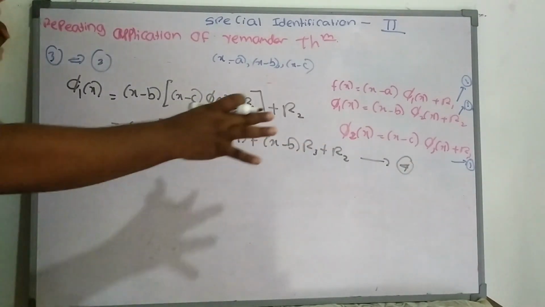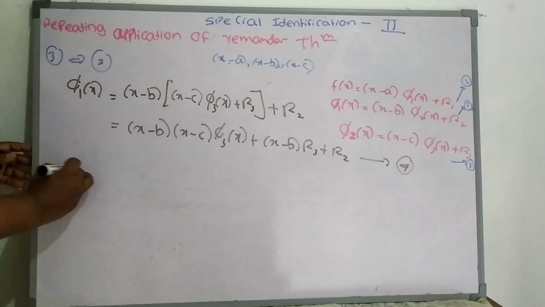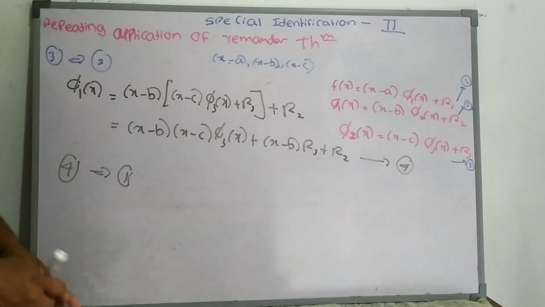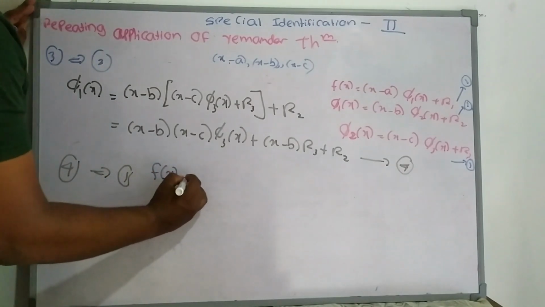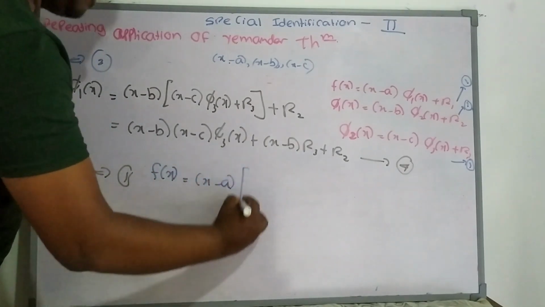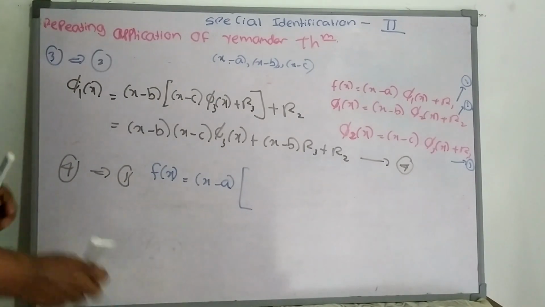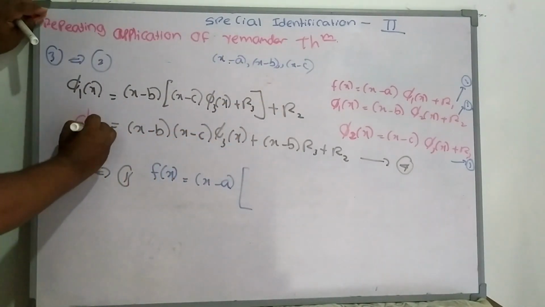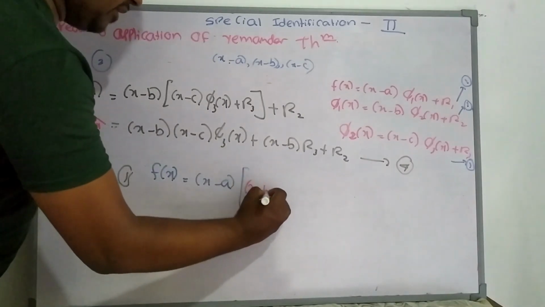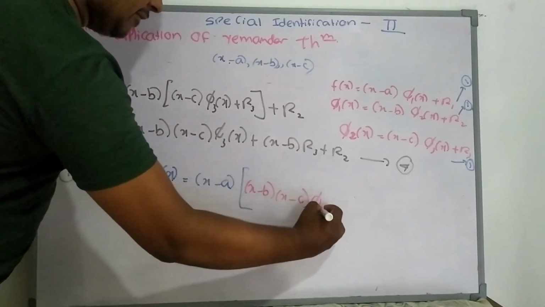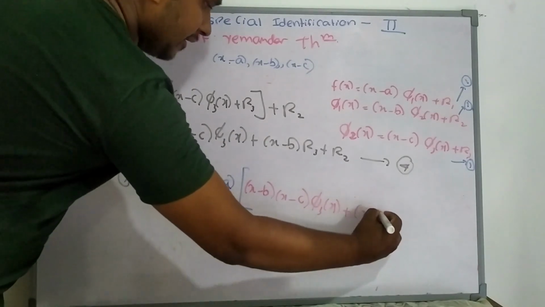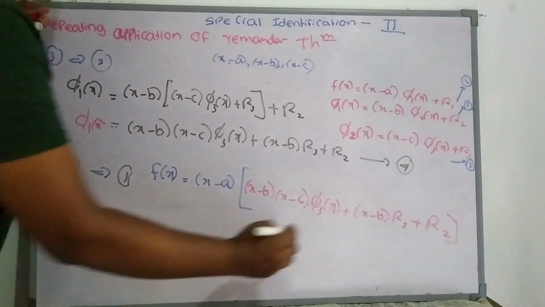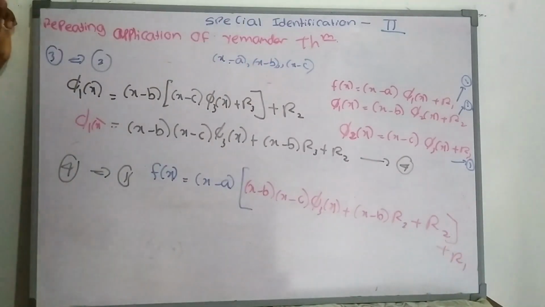After that, the fourth equation is substituted into the first equation. Then f(x) equals (x minus a) times the bracket, which is (x minus b)(x minus c) psi 3(x) plus (x minus b) r3 plus r2, again plus r1, right?